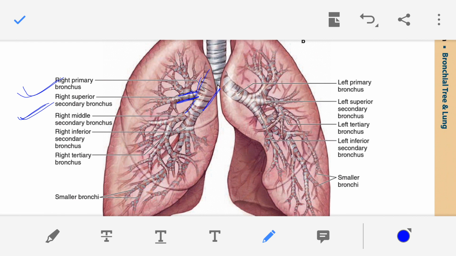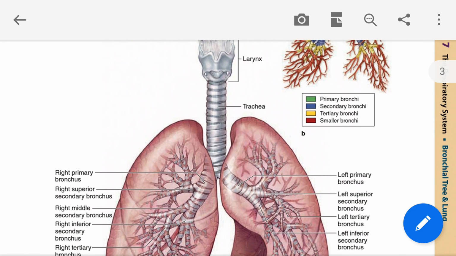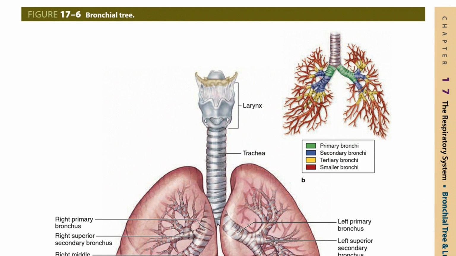Then this is the intermediate bronchus, and then the intermediate bronchus further divides into 2, that is the right middle secondary bronchus and the right inferior secondary bronchus. So you observe this figure.